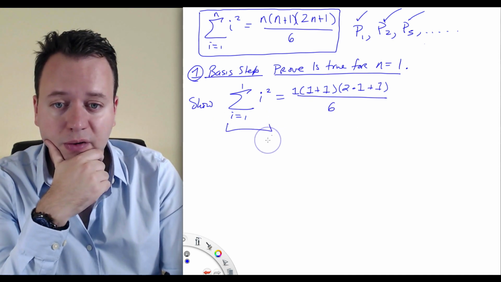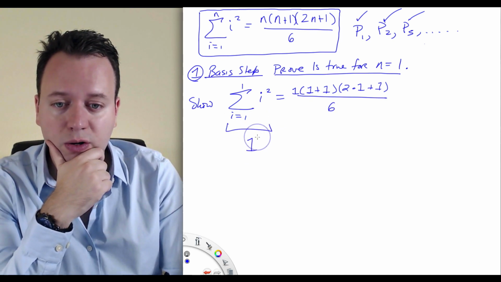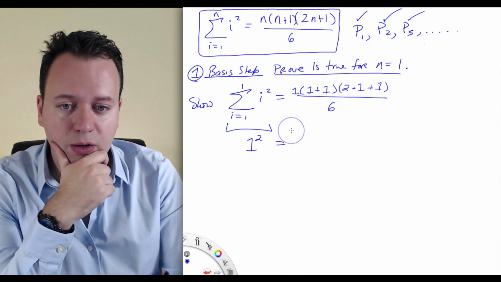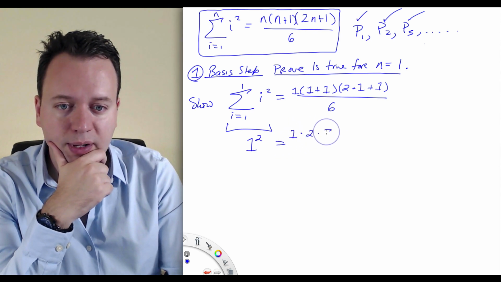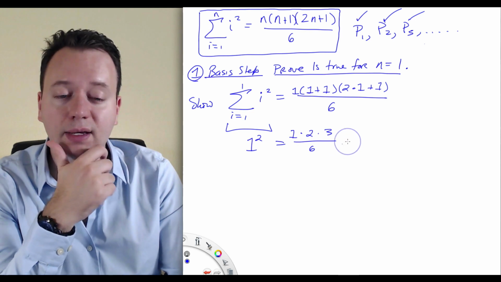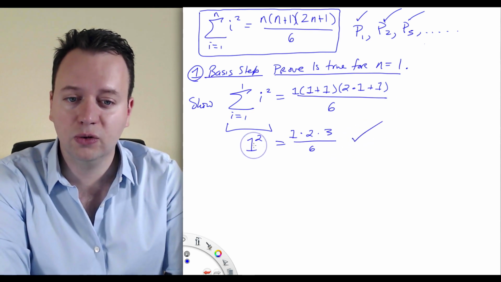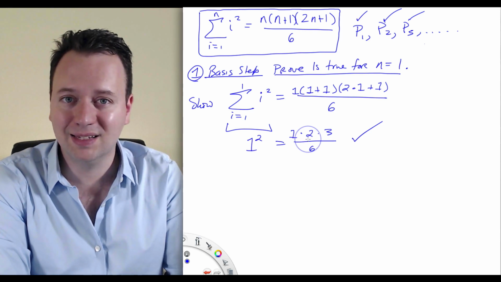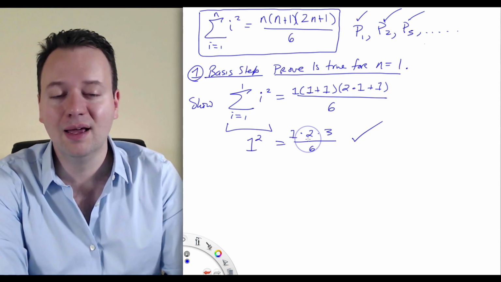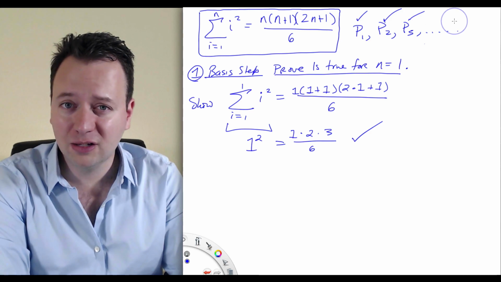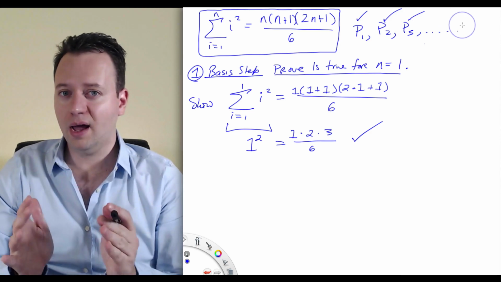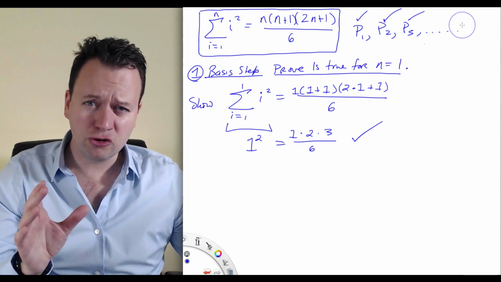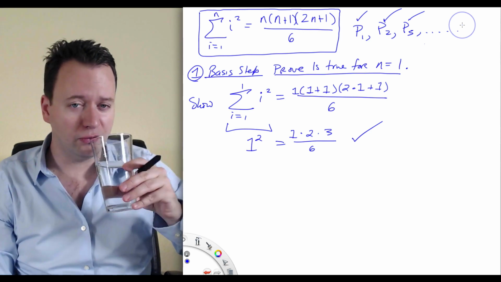Well, the sum of i squared is just going to be 1 squared, and this is going to equal 1 times 2 times 3 over 6, and that checks out. 1 squared is equal to 6 over 6. 1 is equal to 1. So the basis for induction is satisfied. This formula, whatever it does for other values of n, at least it works for n is equal to 1. And usually n is equal to 1 is the easiest one to prove.